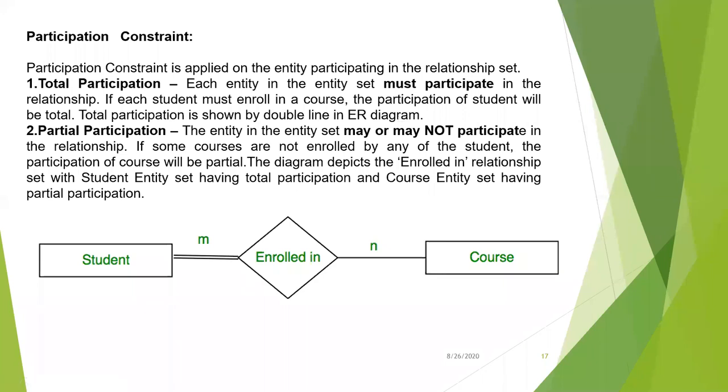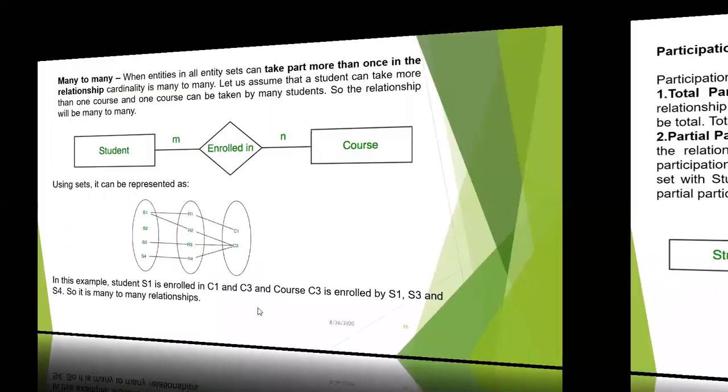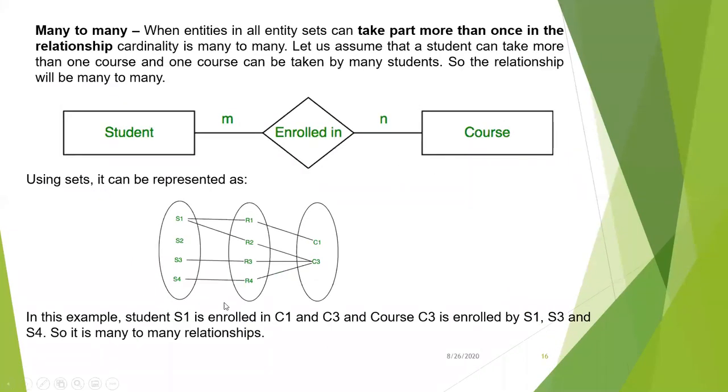Participation constraint applies when an entity participates in a relationship set. So what is a relationship set here? Here R1, R2, R3, R4 is a relationship set. This is entity set 1 and this is entity set 2. Okay. Now you understand.